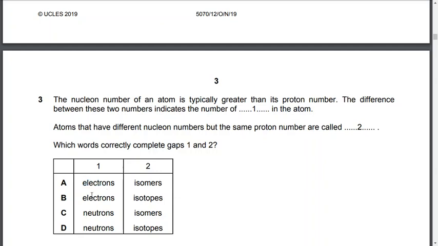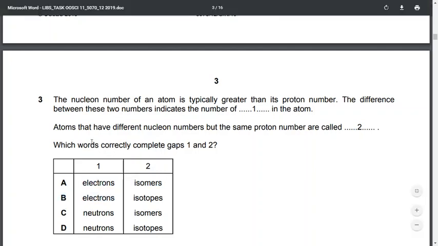I'm sorry, these are a bit confusing words, so I'm repeating it for you all. Nucleon number minus proton number is equal to the neutron number. Now I got it right. So number 1 is going to be neutron, which is not electron, so it's going to be either C or D. Let's see the further statement.